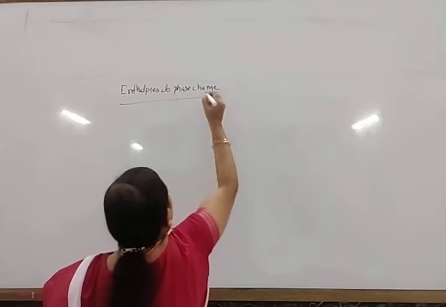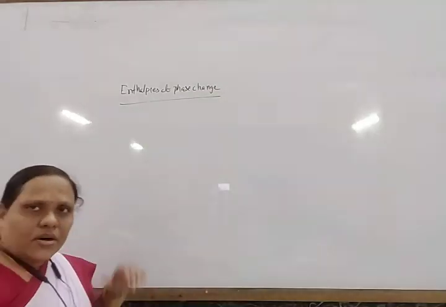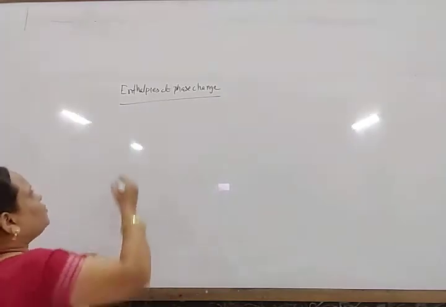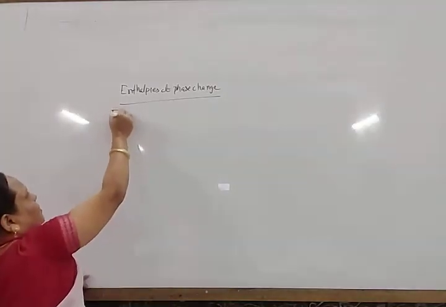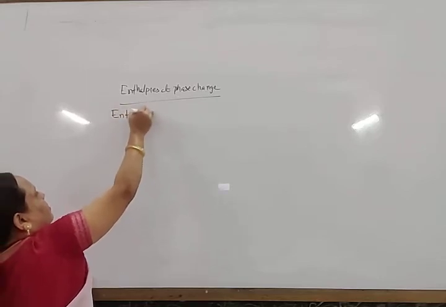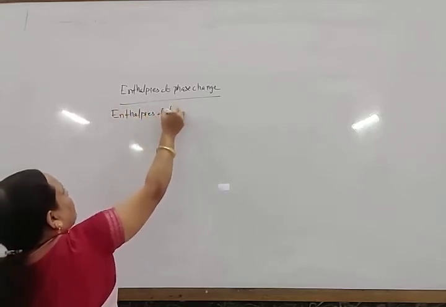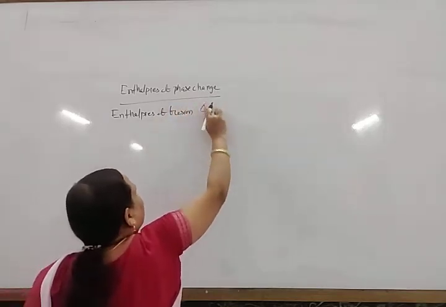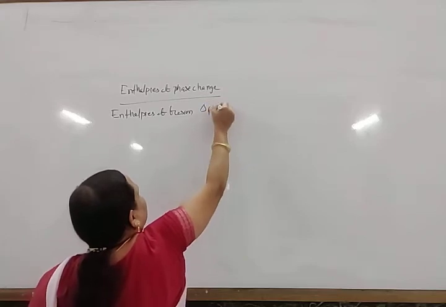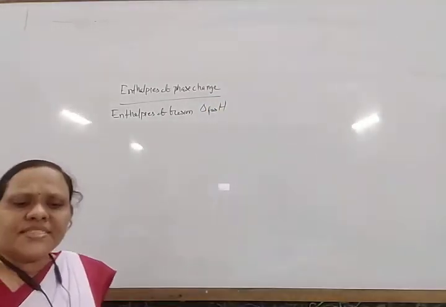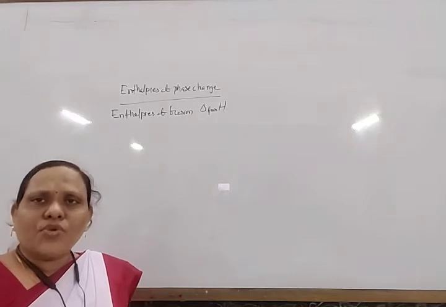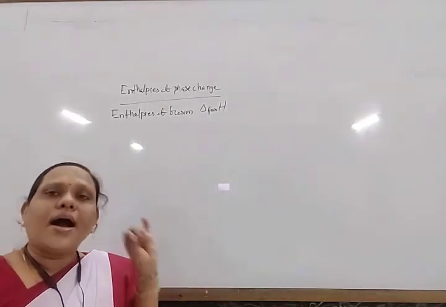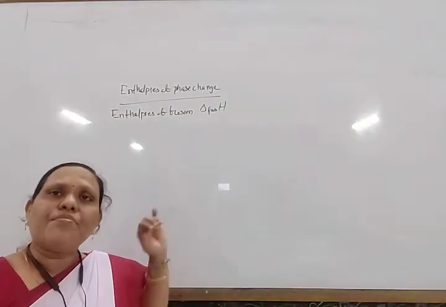So the enthalpy of phase change is the enthalpy change that takes place when one form of a substance changes to another form. First, enthalpy of fusion, represented as del fus H. It is the enthalpy change that takes place when 1 mole of a solid changes to its liquid form at its melting point.